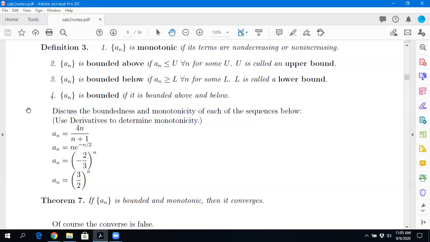It's a decreasing sequence. And again, you could use terms like decreasing if it's always going down, or increasing if it's always going up. Otherwise, you have to use these unfortunate terms like non-decreasing and non-increasing. Okay, so let's talk about the boundedness and monotonicity of these guys here, okay?